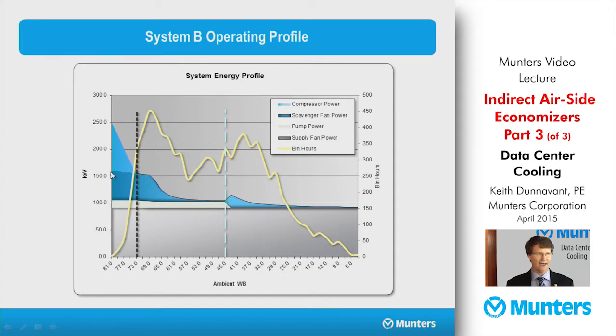Next is the scavenger fan energy. At the peak wet bulbs, it's working the hardest. It's got to pull all of that heat out of those tubes. So it is pretty flat line until, when the wet bulb gets to a point where you've got excess capacity, it begins to taper off, and it reduces really quickly with falling wet bulb.